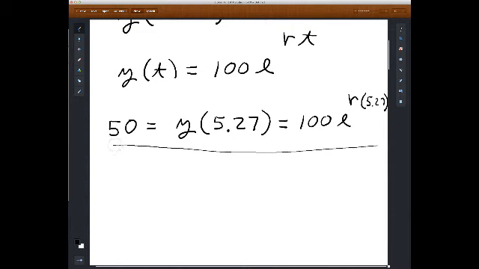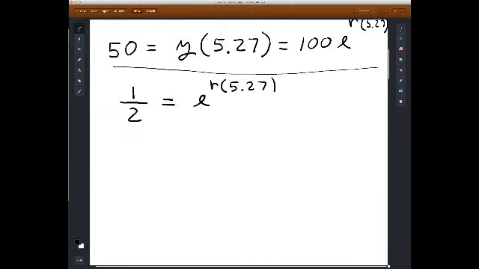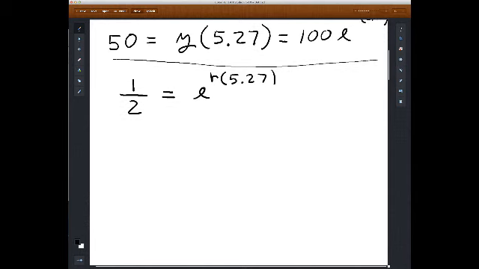If we're solving for r, what we really want to do is solve for e to something first. So we see that 1/2 has to be equal to e to the r times 5.27. Just as when we solve logarithmic equations we exponentiate, if we're trying to solve exponential equations, we take logarithms of both sides.